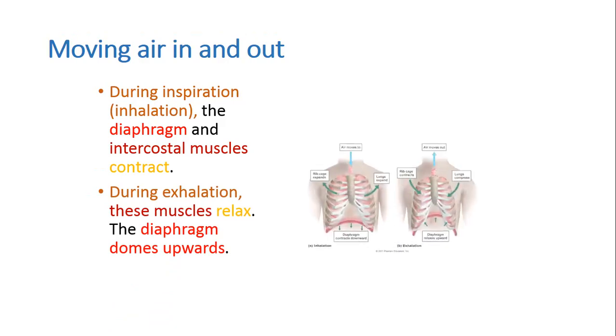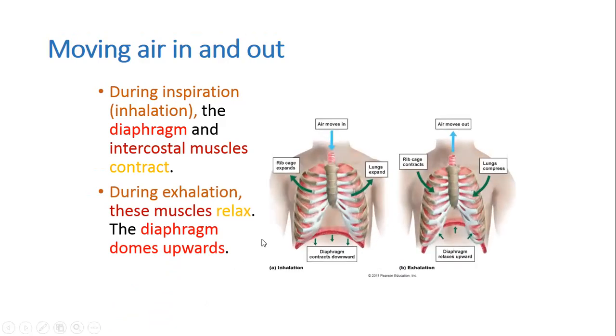Let's see the pictures. Okay, this is the diaphragm, which is a muscular membrane that separates the abdomen from the chest. Okay, a muscular membrane. It moves upward and downward according to the respiratory movement. These are the ribs.